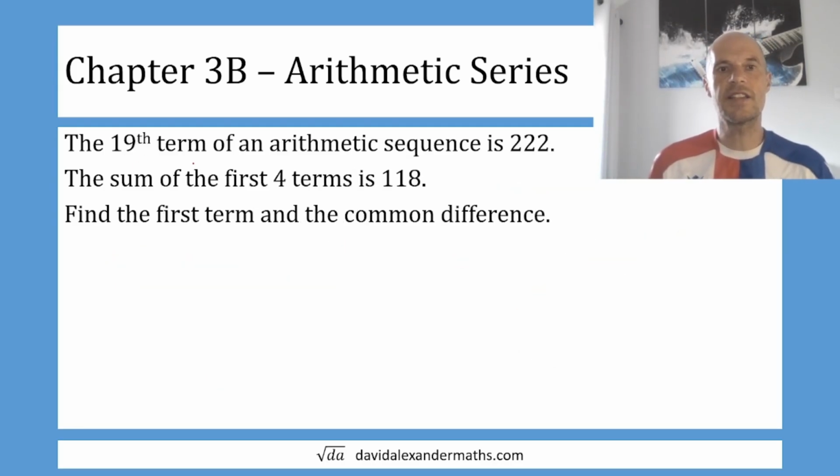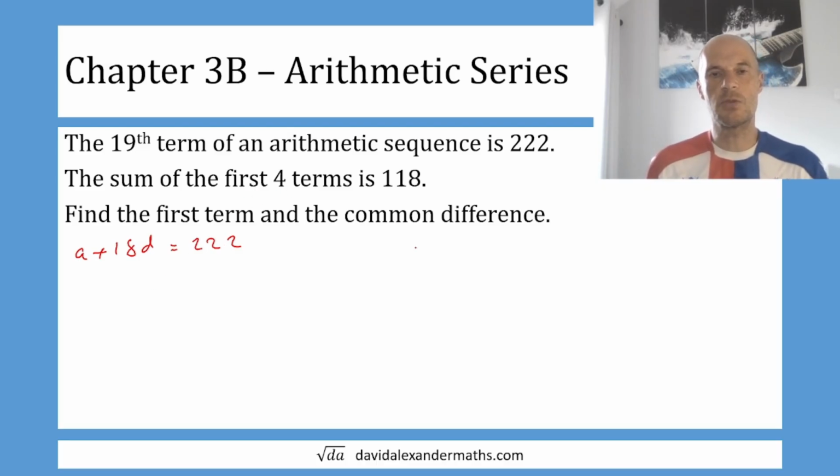Now we know the 19th term is 222, so that is a plus 18 differences equals 222. The sum of the first 4 terms is 118, so n over 2 lots of 2a plus n minus 1 d is 118.